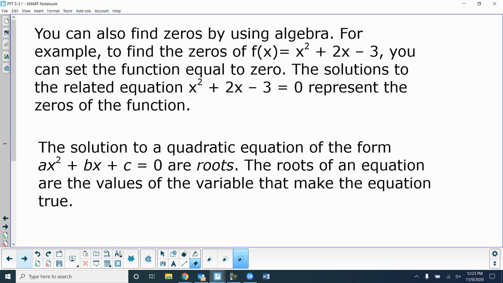So if they ask you for the zeros or the roots, they're asking you to do the same thing. You'll see both of those. It'll say find the zeros, or find the roots. You're doing the same thing. All right? Roots and zeros, same thing. But don't get confused.